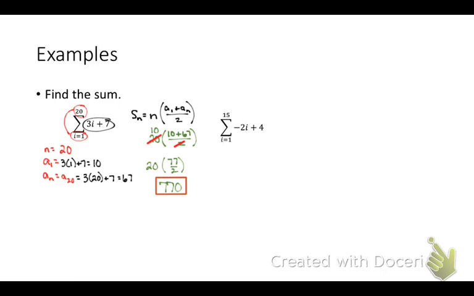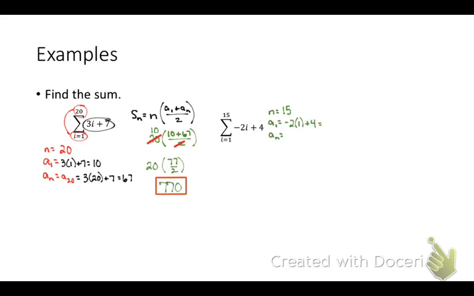I'll do the same thing for the second one, where I always need to know how many terms I'm dealing with, what the first term is, and what the last term is. How many terms do we have? 15. What's my starting term? So negative 2 times 1 plus 4.